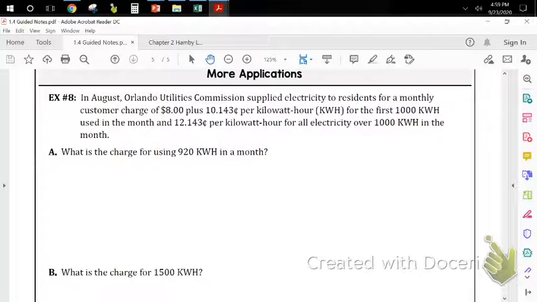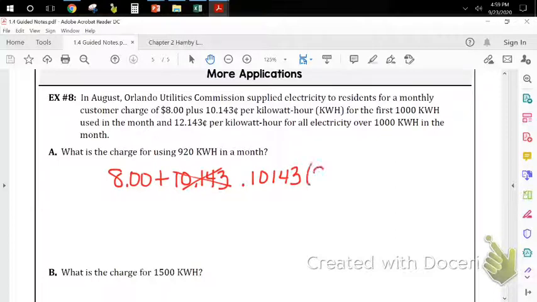All right, so they're being charged for that first 1,000 at 10.143 cents. So we're going to pay that $8 plus 10.143 cents, which I need to change to a decimal. So that would be what? 0.10143 of a dollar, since we got the $8 already there, times the kilowatts, so 920 kilowatts. So I'm just going to put a C for charge here.